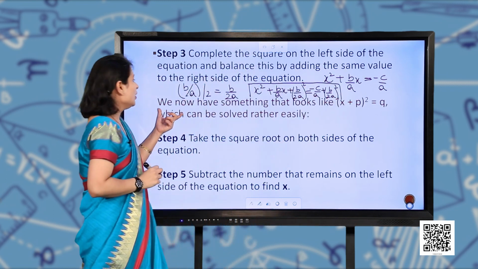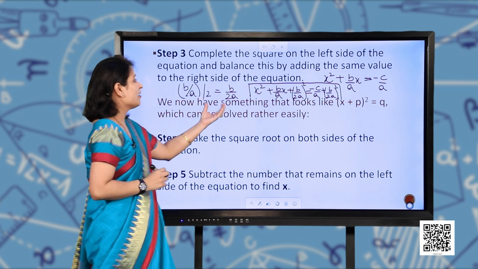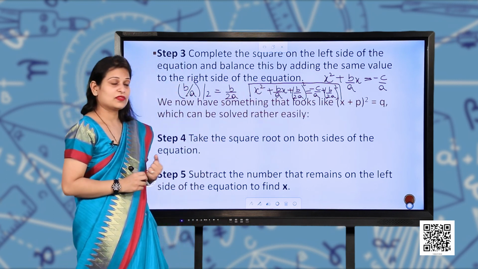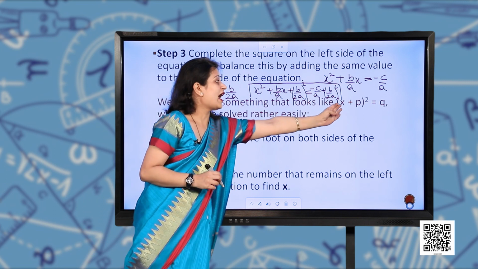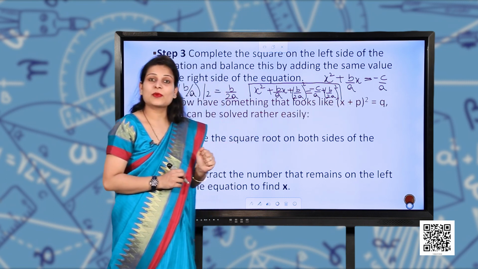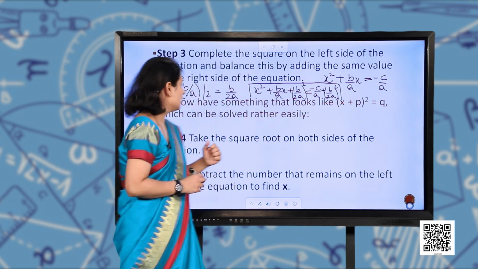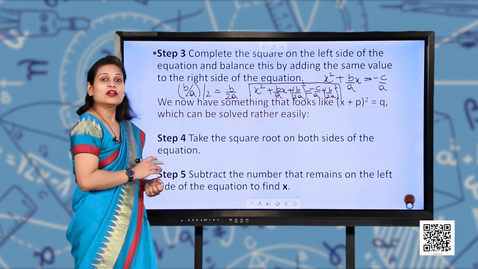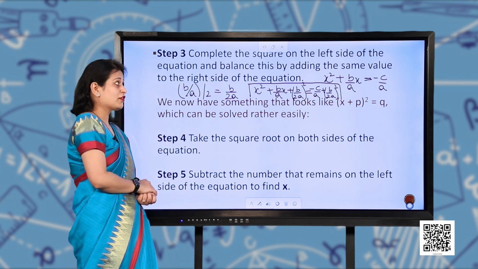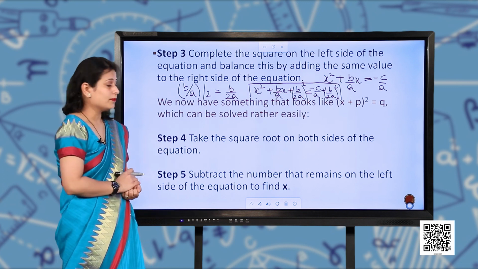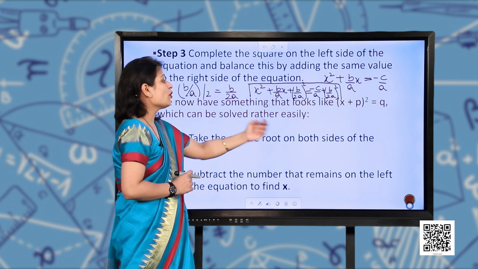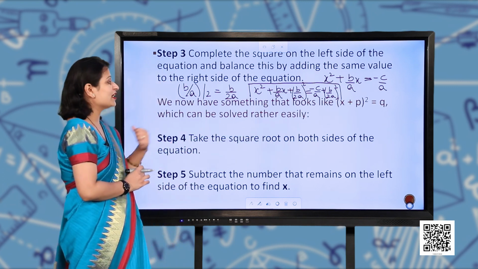We now have something that looks like x plus p whole square is equal to q, which can be solved rather easily. Now what will we do in step 4? Take the square root on both sides of the equation.